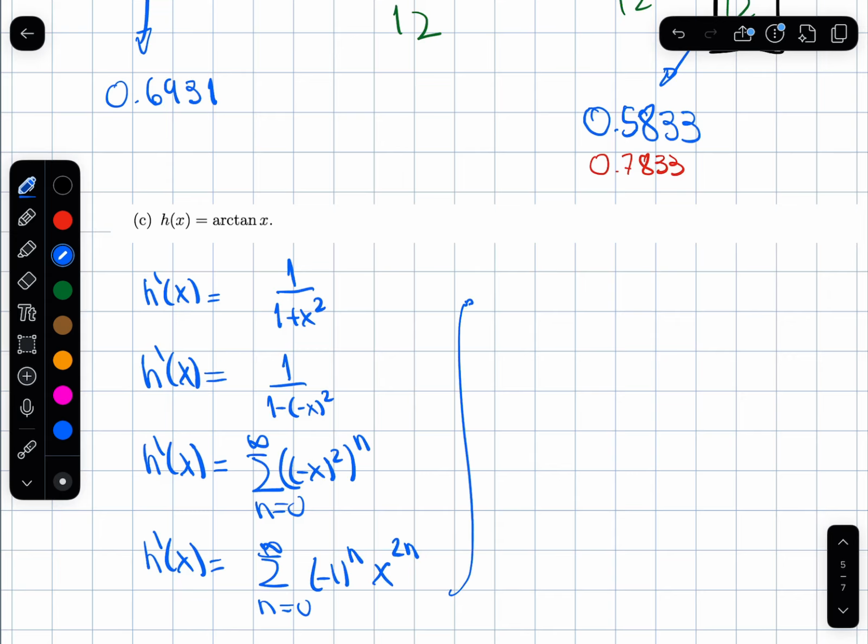So now this is the derivative of h, but I don't want the derivative of h, I want h. So I've got to take the antiderivative. So I use the reverse power rule, add 1 to the power, everything else remains the same. Add 1 to the power, divide by that new power, and keep the summation happening between 0 and infinity.